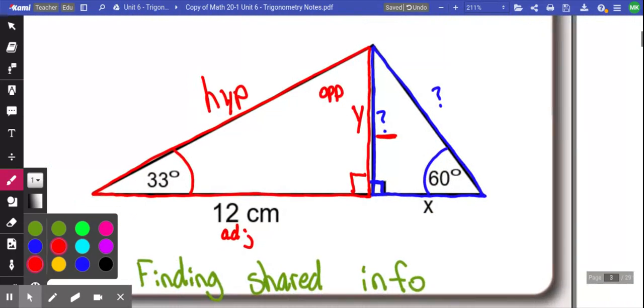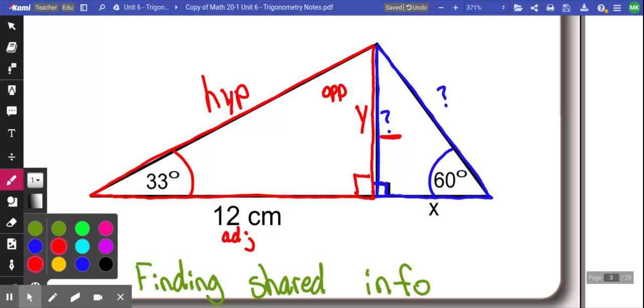Cool. Now, looking at my blue triangle, I know this side length. Therefore, I can do SOH CAH TOA on the blue triangle, where this is my opposite, and this is my adjacent, and this is my hypotenuse.